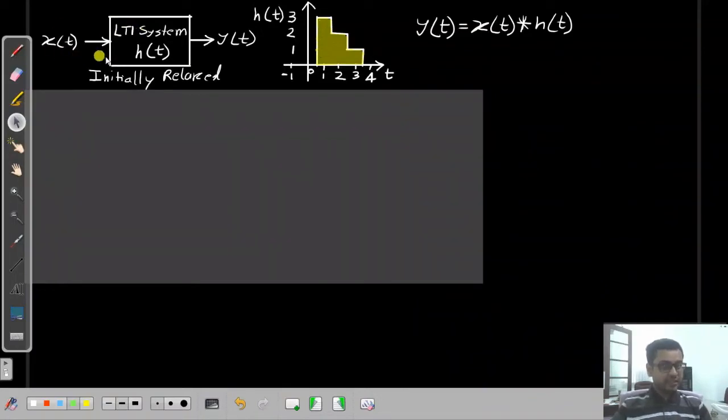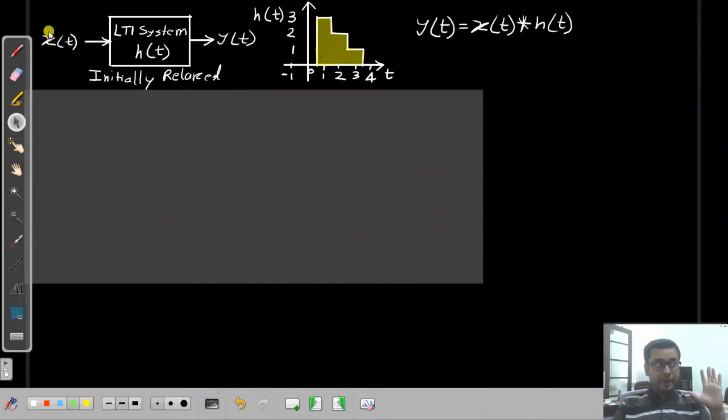Okay, suppose this is an LTI system. Input x, output y, and the impulse response of this system is denoted with h of t. Impulse response of an LTI system is its characteristic property, so if you know how the impulse response looks, then you know everything about that system.